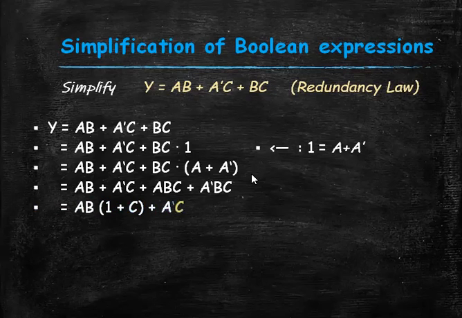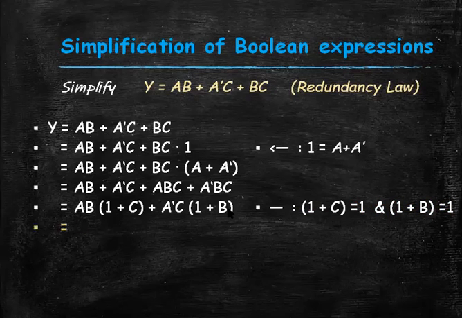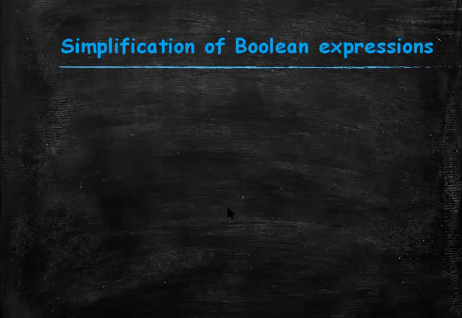Then we collect the similar terms, that is the first term and the third term combine as AB and 1 or C, and the second and fourth term as A bar C and 1 or B. And we know that 1 or C is equal to 1 and 1 or B is equal to 1. Then we get the result AB or A bar C.